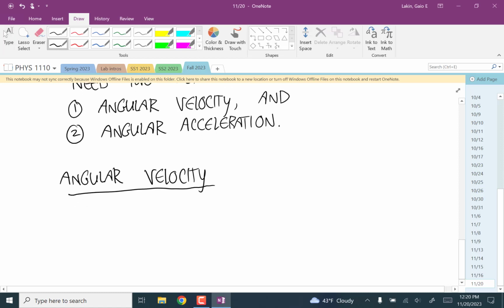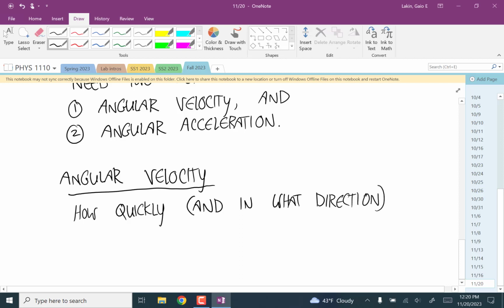Angular velocity is how quickly and in what direction an object is rotating.